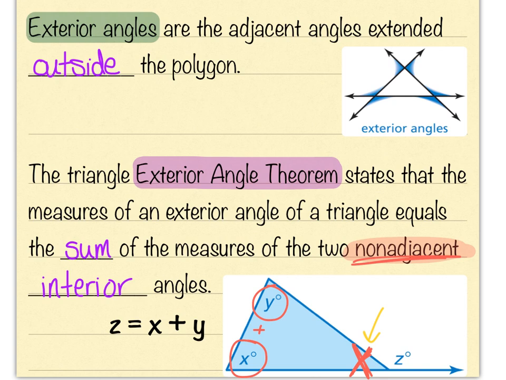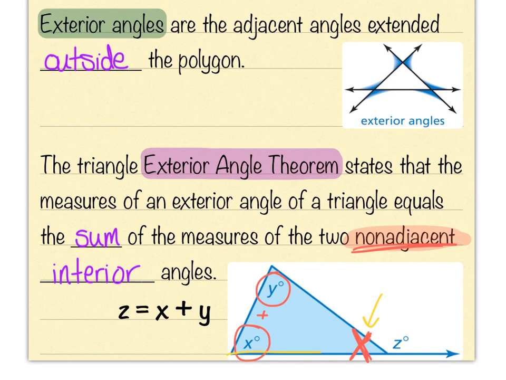But angle X with the Z degree angle also has to add to 180 because it sits on a straight line if we extend that side. So if angle X and the Z degree angle have to add to 180, and angle X and these two angles have to add to 180, then what we're saying is that X and Y together has to be the same as Z, so that everything will add to 180.